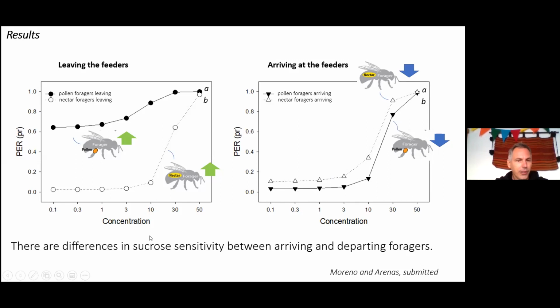Then there are differences in sucrose sensitivity between foragers arriving and departing from feeders, and then this might let us speculate that pollen foragers at the beginning of their foraging visit would not be so attracted to the nectar as we previously thought.